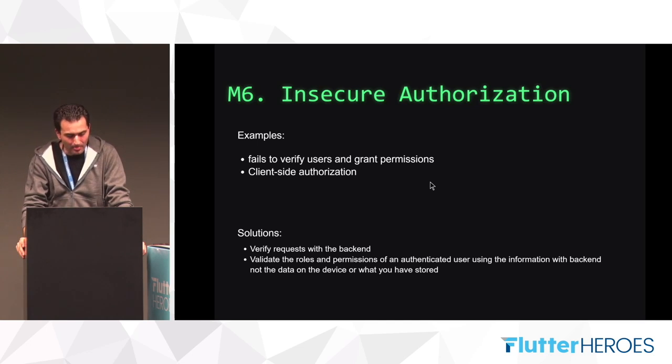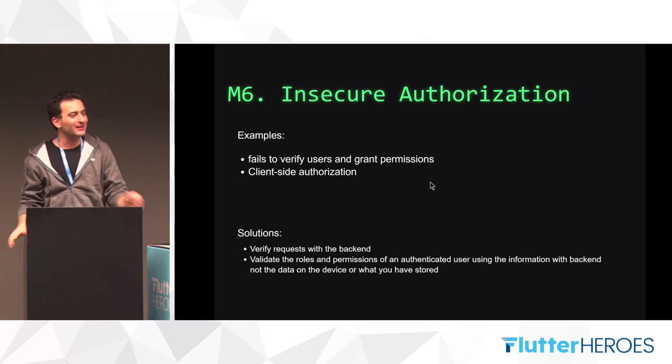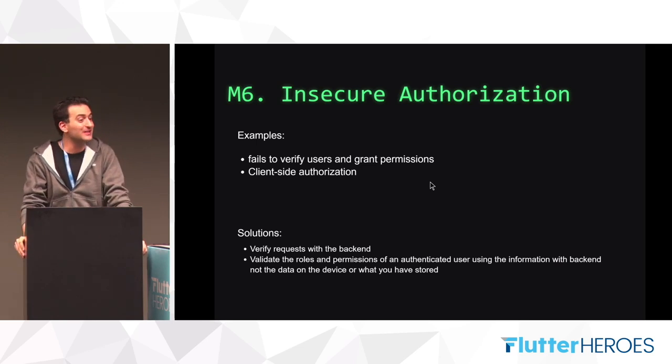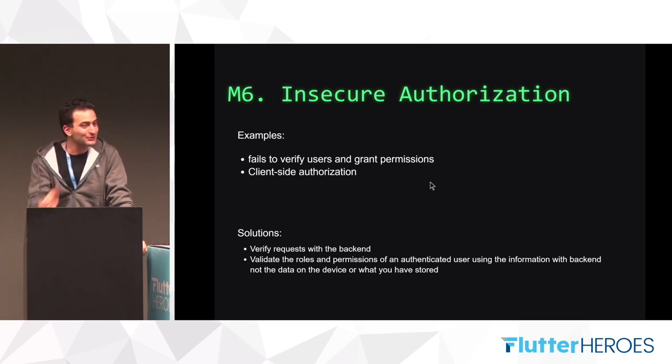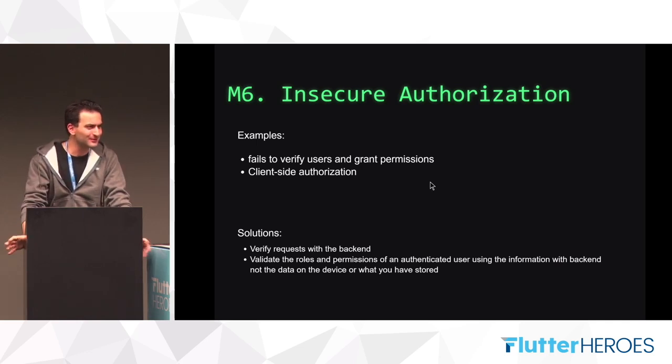If you are always relying on data that is stored on the client side to give people permission to do something, this is one of the toughest security risks in a mobile application. That sounds a bit strange because it looks like we should probably handle that out of the box, right?